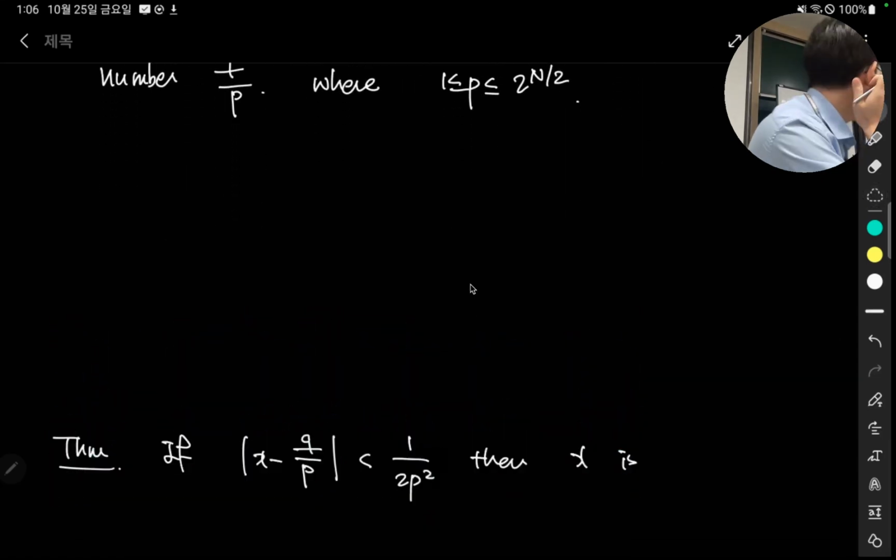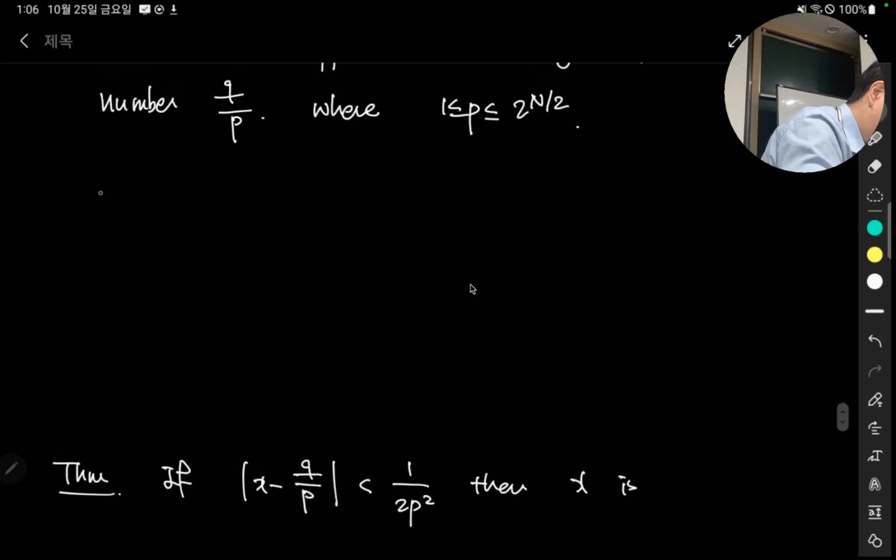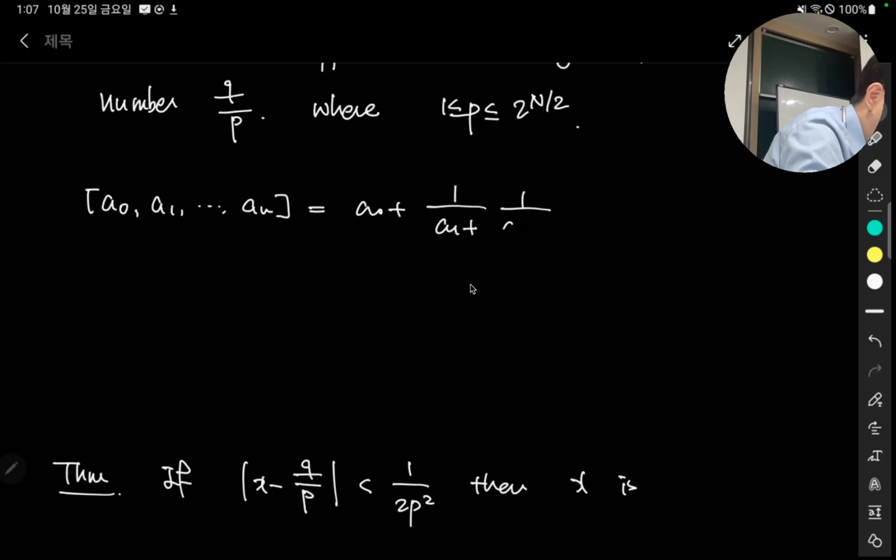Let me talk a little bit more about continuous fractions. Let's say this is our continuous fraction, a0, a1, up to an. As I said, this is a0 plus 1 over a1 plus 1 over a2 plus, till we have 1 over an.